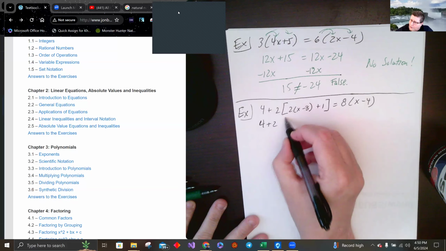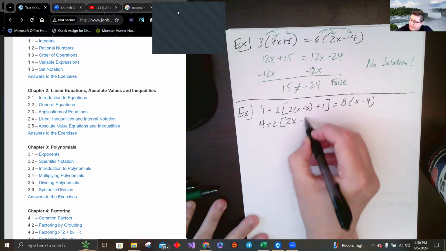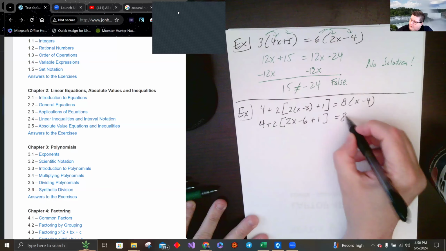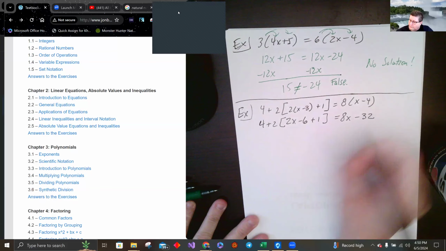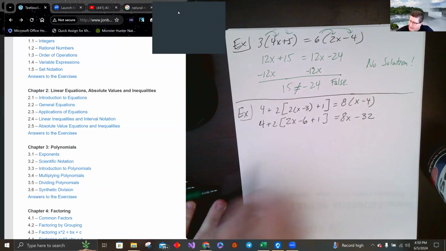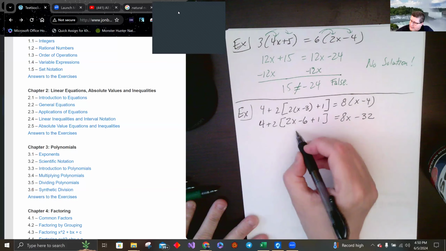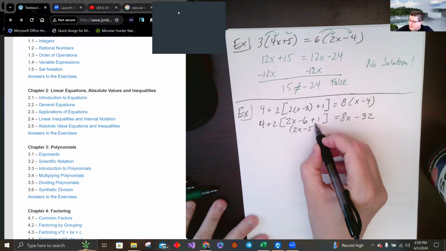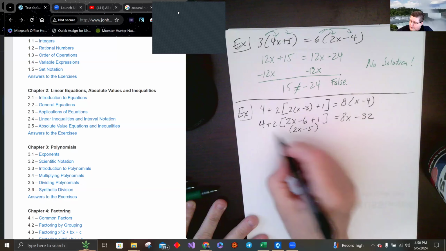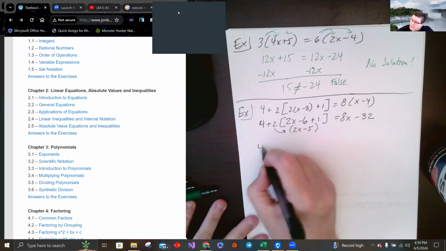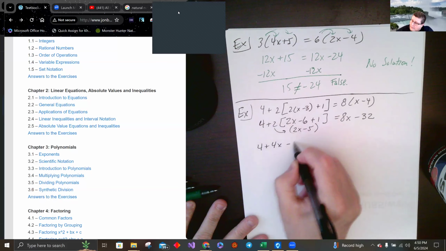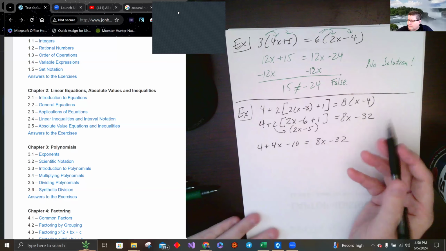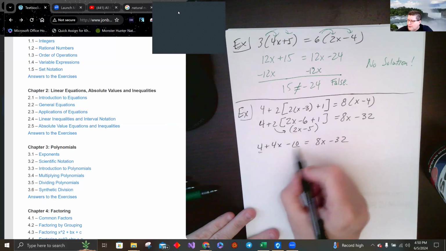We got to clean up what's inside here first by distributing. And I can distribute over here. This ends up being 2x minus 5 on the inside. And so I'll distribute again. These are like terms, so I'll combine them.